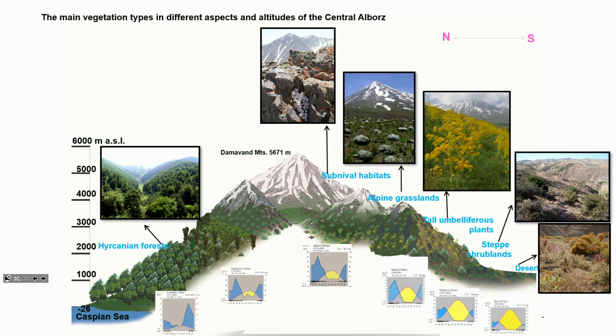High precipitation on the north face of the Alborz resulted in Hyrcanian forests, and the dry southern slopes with very low precipitation resulted in halophyte desert vegetation. Then steppe shrublands at a bit higher elevation in the montane zone. In the subalpine zone, tall umbelliferous plants, and thorn cushion vegetation in alpine habitats and subnival vegetation.